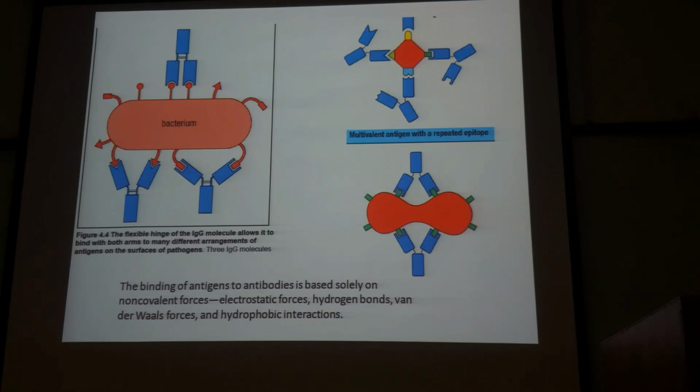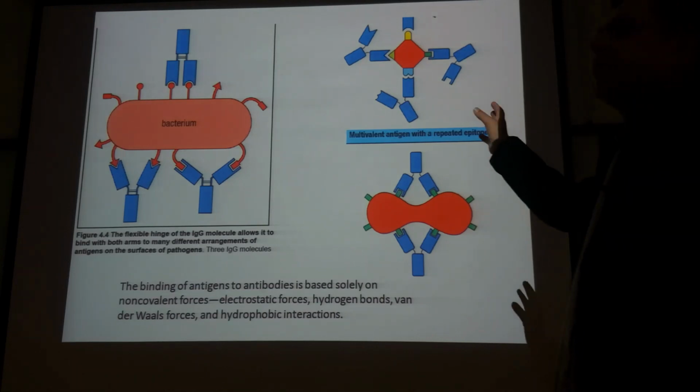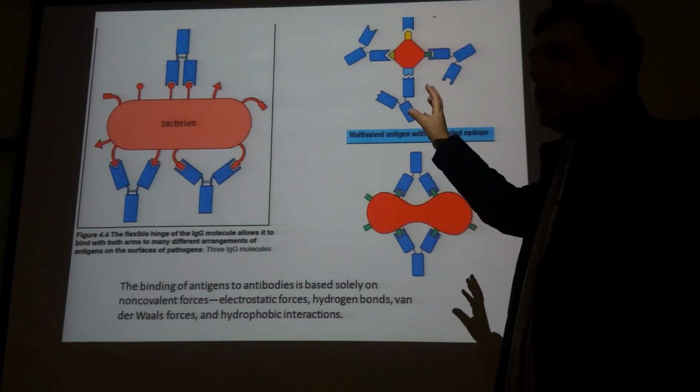But usually on these surfaces, like the surface of bacteria, particularly these microbes, you can find many different types of epitopes recognized by many different types of antibodies.